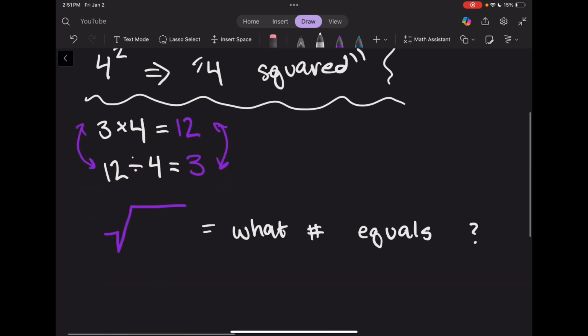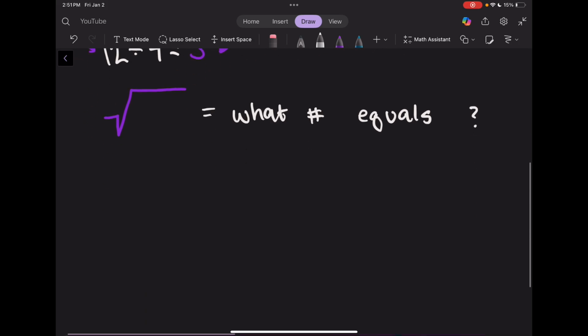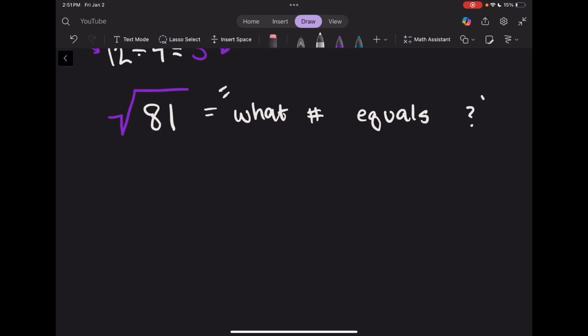So if we have a square root, and this is what a square root looks like, of some number, let's say 81, you would ask yourself out loud, what number, this is just some random number that we don't know yet, that we want to know, what number squared, or to the second power, equals 81?